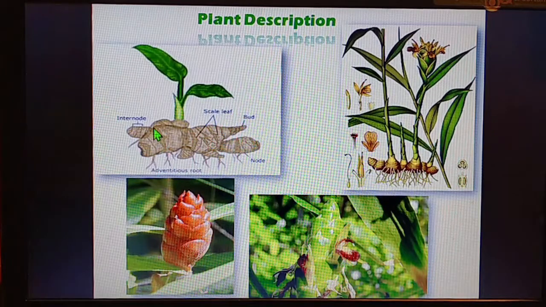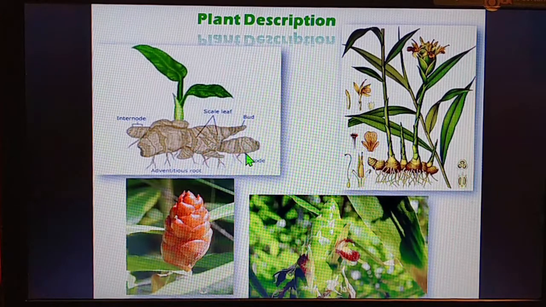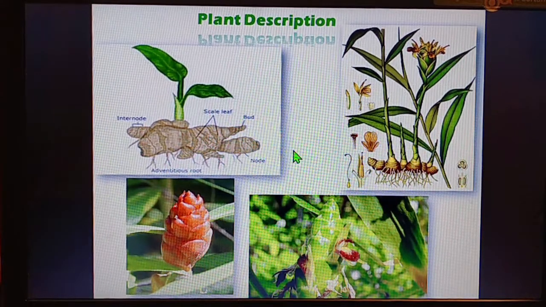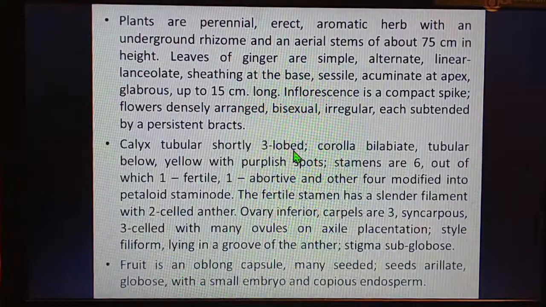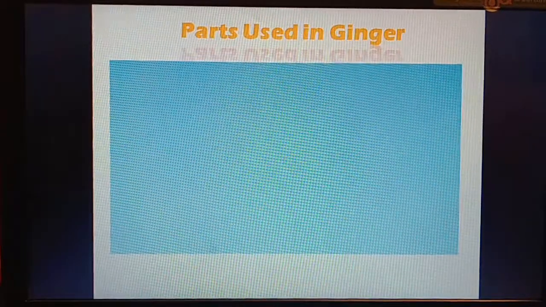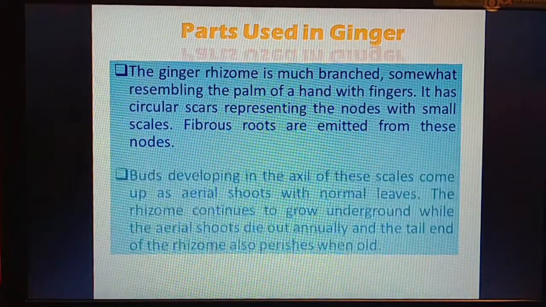These are the circular scars, the scale leaf which represents the node, and from these nodes you can see many adventitious roots coming out. So this is the rhizome of ginger, which is the part of ginger that is mostly used.